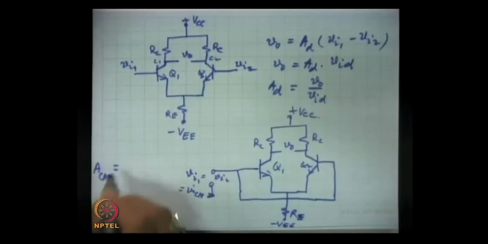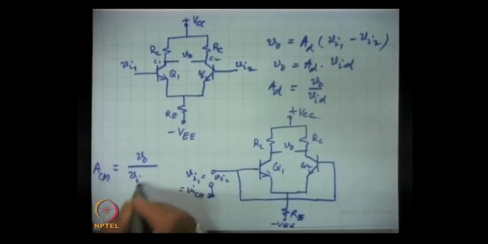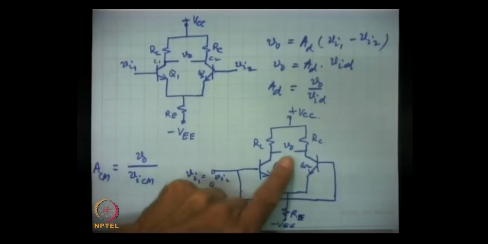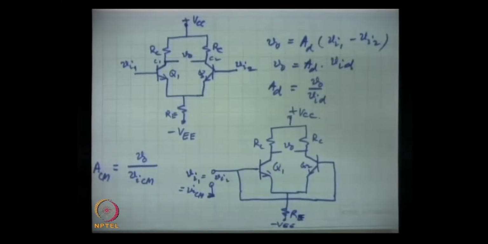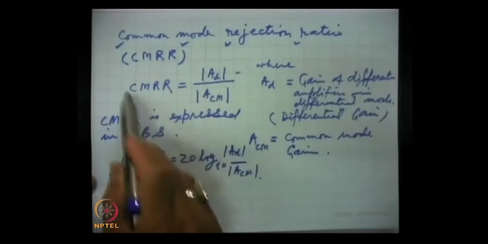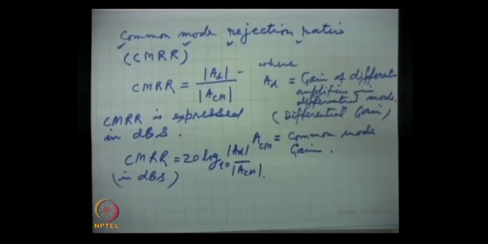ACM will be equal to VO by VICM, whatever signal we give. Now, ideally for the common mode, VO should be 0. So ideally the gain for common mode will be 0, and then according to this definition the common mode rejection ratio ideally is infinity.